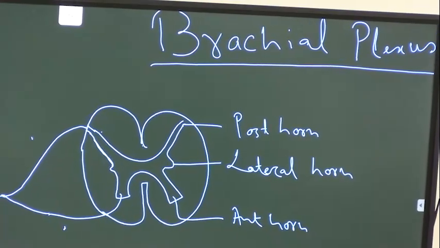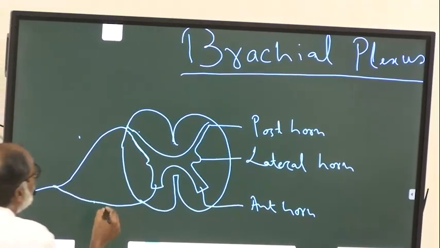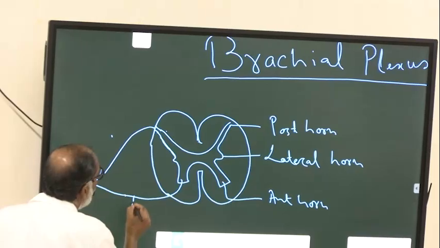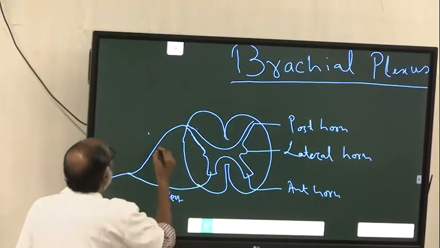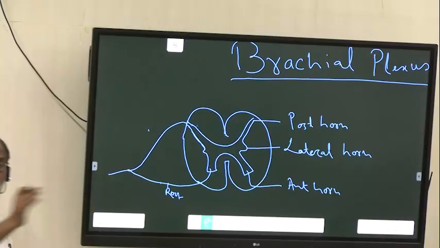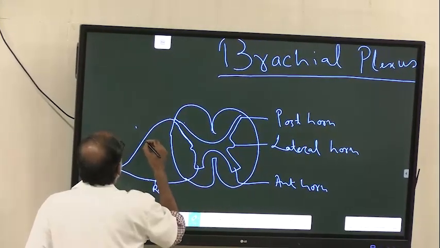Now, again, this is called root. At the posterior root, there is a ganglion. Ganglion means collection of nerve cells.